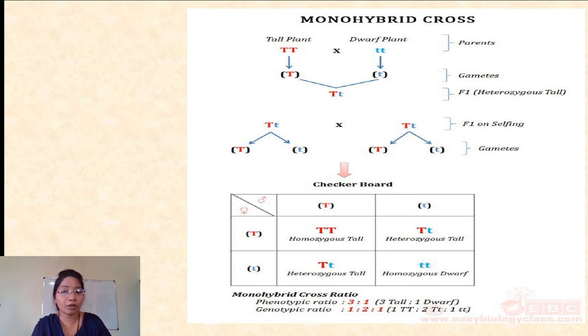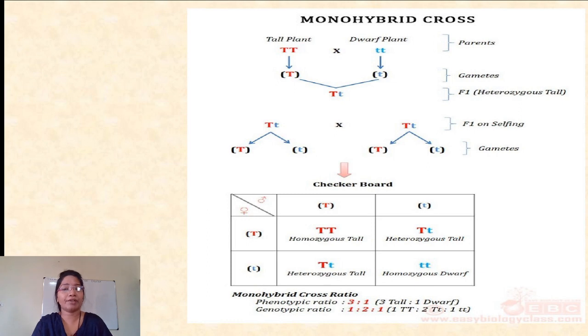This is an example of a monohybrid cross in which Mendel crossed a pure tall plant with a pure dwarf plant. In this example, Mendel considered only a single pair of contrasting character, that is stem height. Stem height is present in two forms, tall and dwarf.